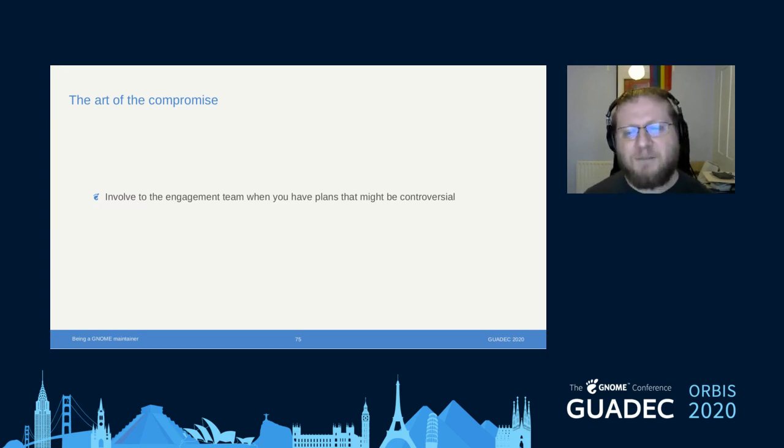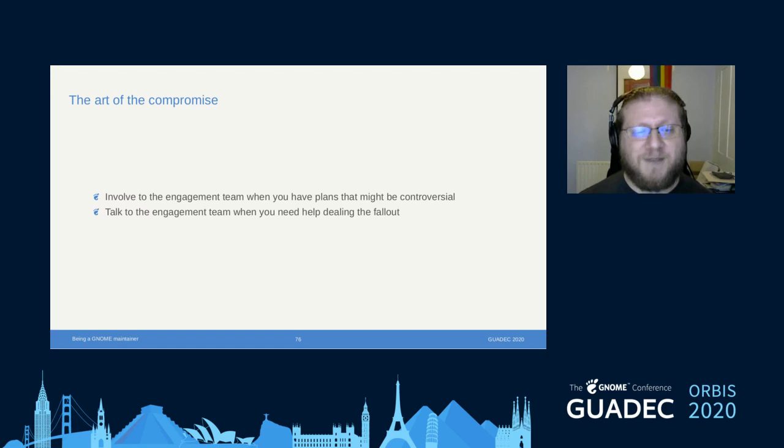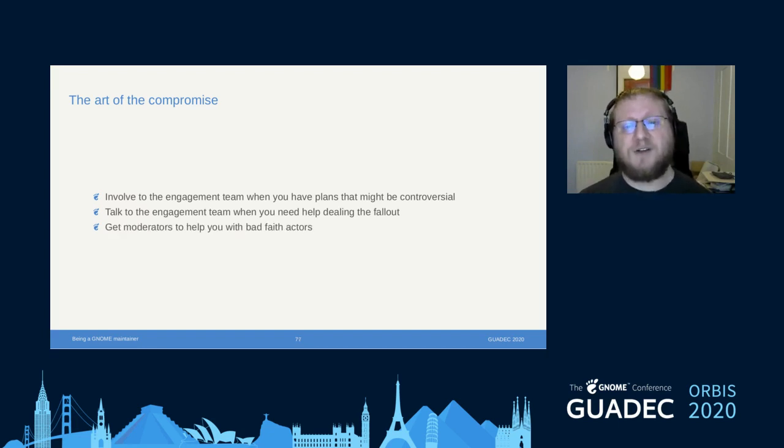You should not be a hero and make everything worse, including your own mental health. This is important in order to manage a public relations situation. You should involve the engagement team. You should talk to an engagement team when you have to deal with fallout of any decision. And you should get the moderators to help you with bad faith actors on all the platforms that we have or use in GNOME.